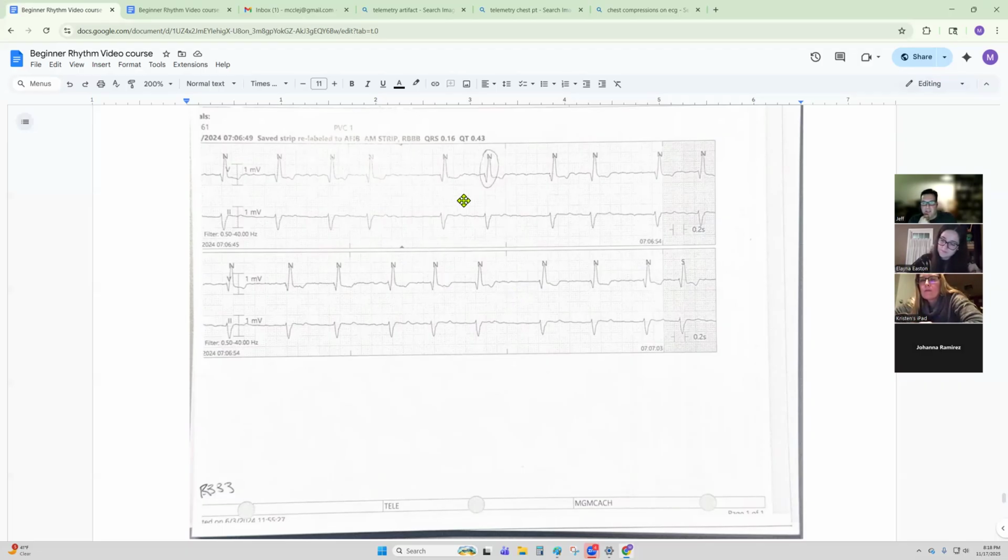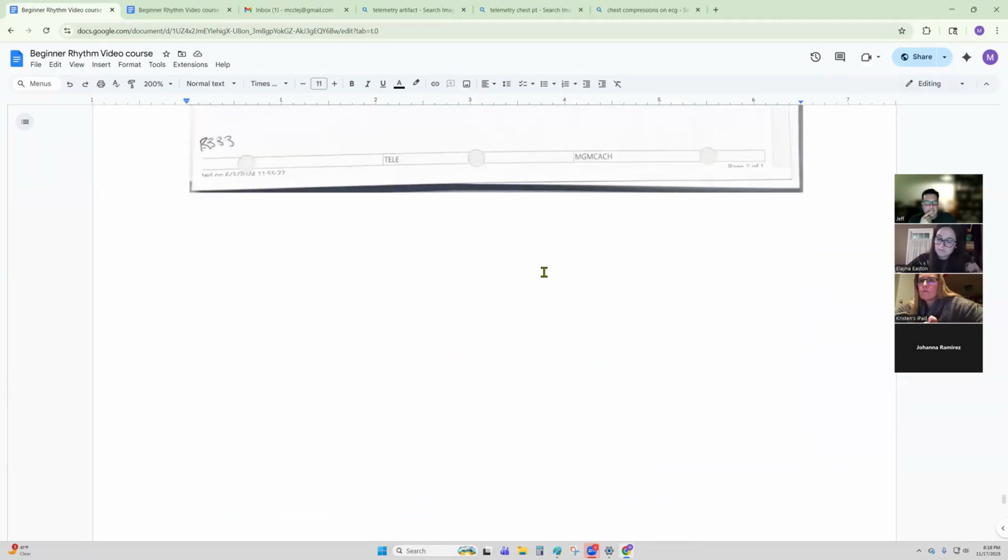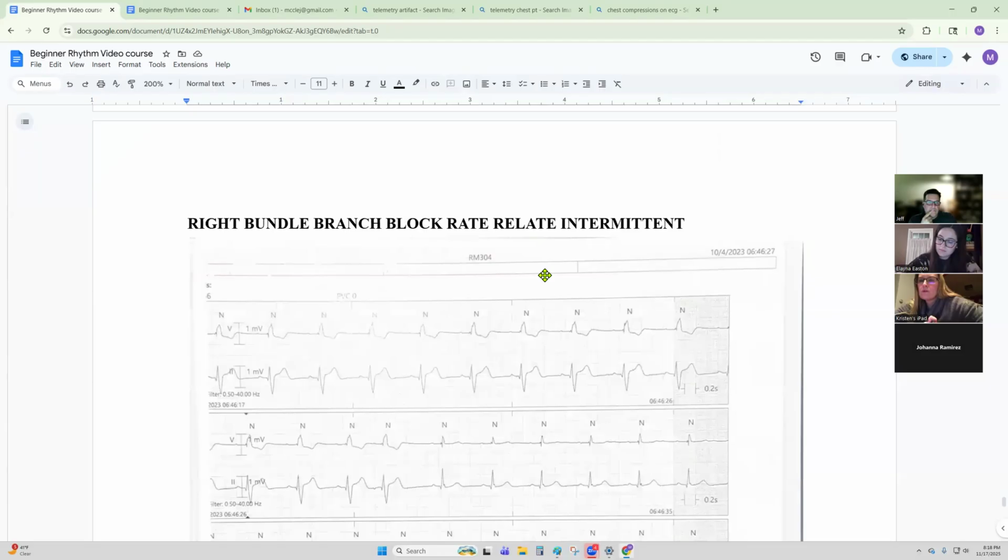So right bundle branch blocks has this biphasic, sometimes triphasic pattern where it goes negative, positive. With a little septal activity. Sometimes.